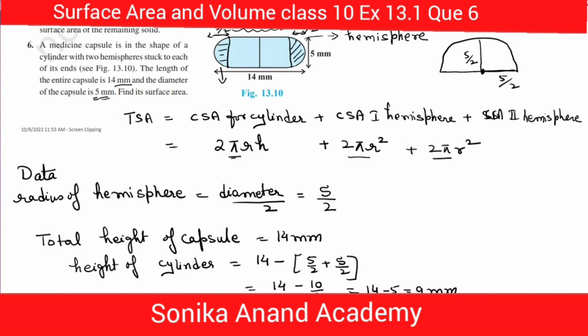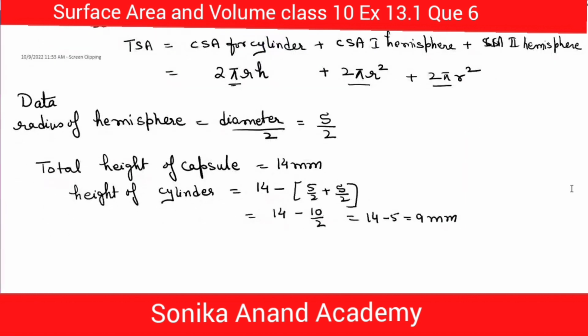Now we put all the values in our data. So total surface area becomes, listen, firstly I want to make the calculation easier. 2 pi rh plus 4 pi r square. I take common because the radius are same, 2 pi r.